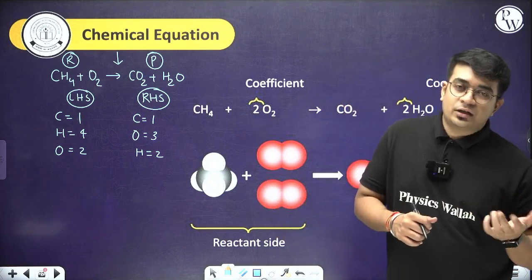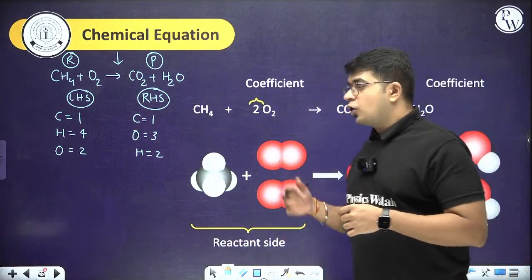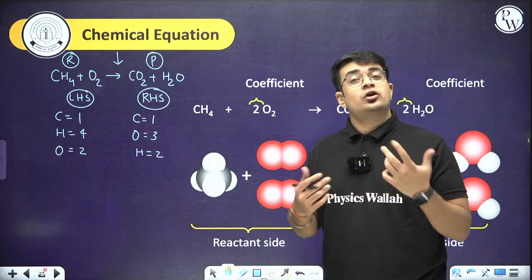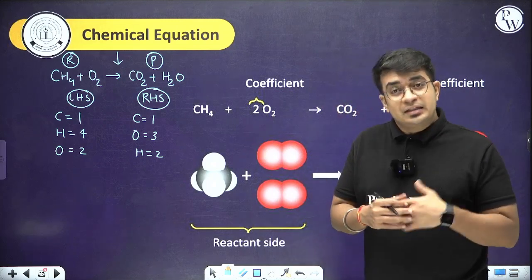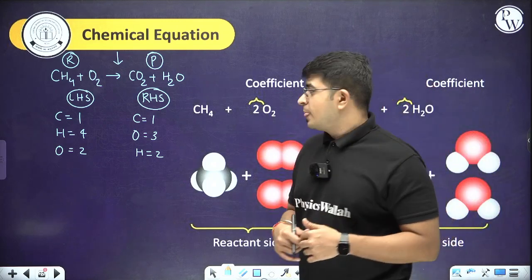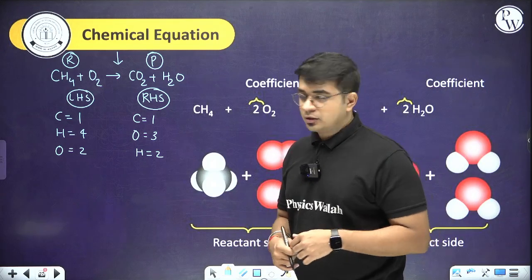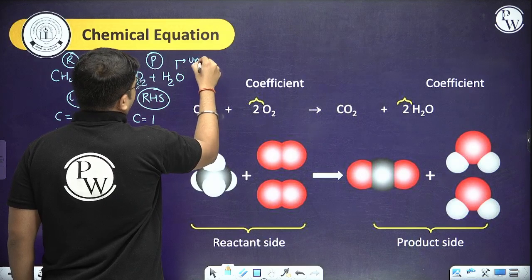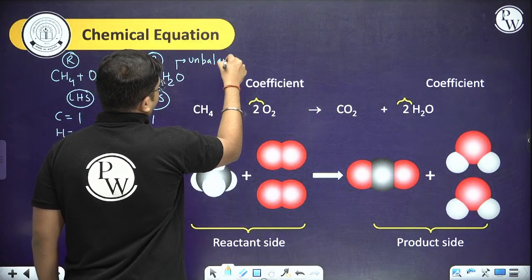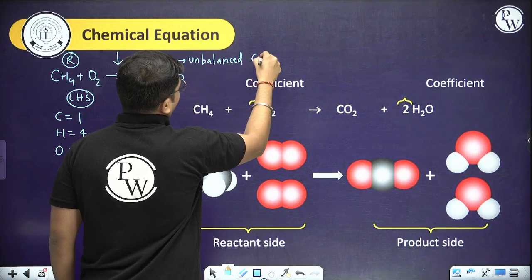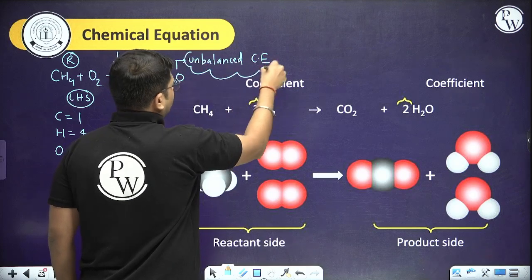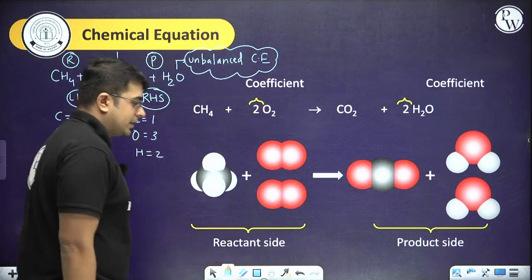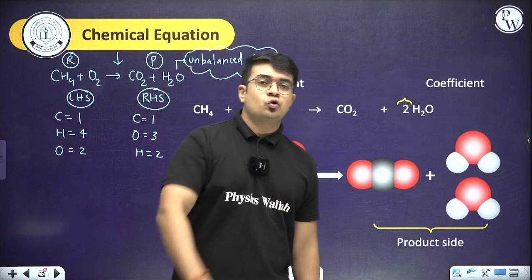We cannot apply any law of gaseous volumes. So we need to make sure that these laws can be applied very easily, so we have to balance this equation. This particular part is known as an unbalanced chemical equation, which is of no use. Always remember, if you have an unbalanced chemical equation, it has no meaning.